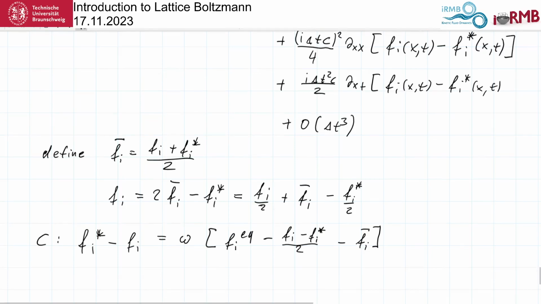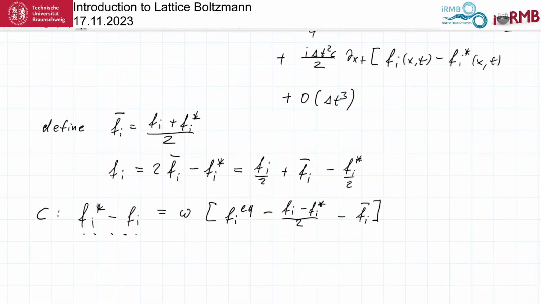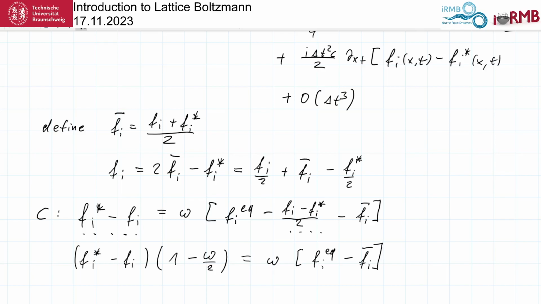But what we see is that they are in the same form here and here, so we can put this to the other side, and then we have fi star minus fi, 1 minus the other, minus the one from the right-hand side, minus omega 2. And this is now omega fi equilibrium minus fi bar. Now, saying that this fi bar is the original f from the Boltzmann equation, this actually looks like the BGK operator, right?